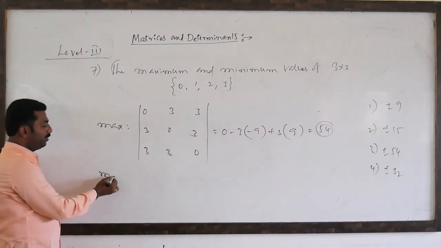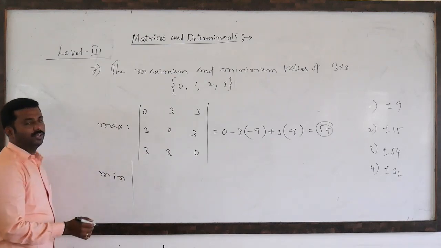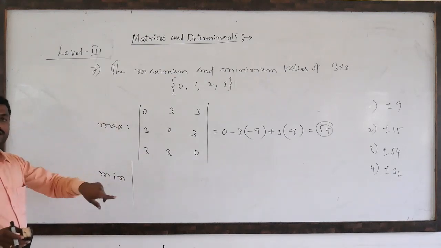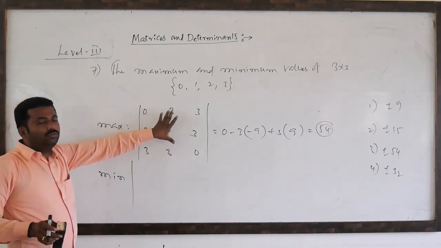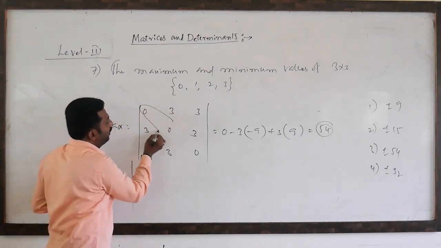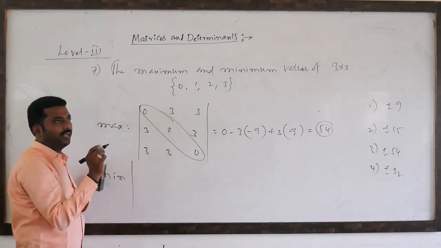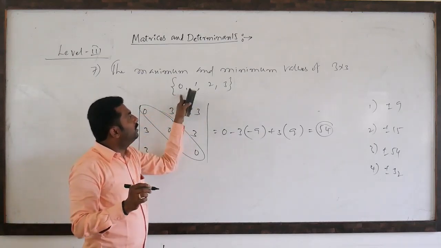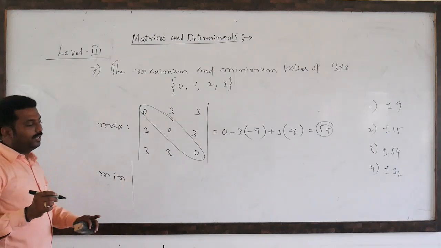How to get the minimum? Interchange any 2 rows or 2 columns. To get the maximum, all the principal diagonal elements must be the least value. What is the least value among these 4? 0, we have to write.